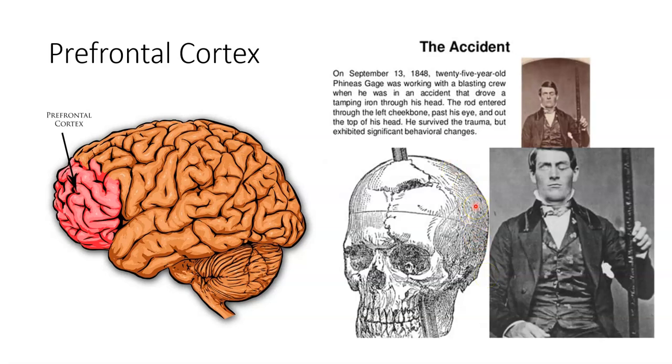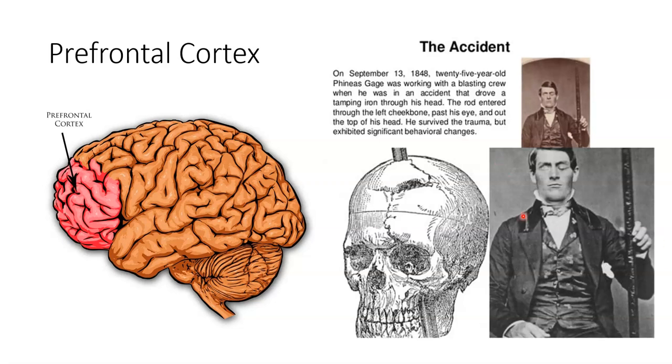He was a very calm personality, and after the accident, the only thing that changed in his function was his personality, and he had significant behavioral changes. So he became very impulsive and aggressive and started swearing a lot, and that was not him before. So that's how they found out the function of the prefrontal cortex.